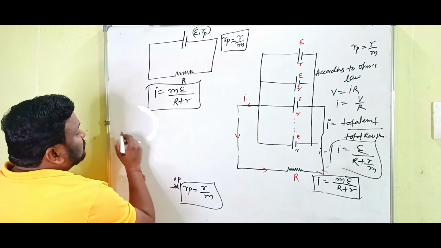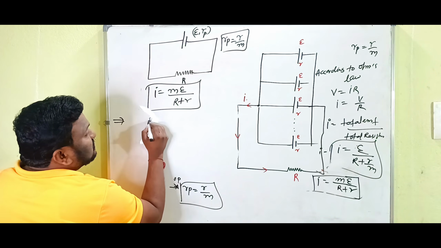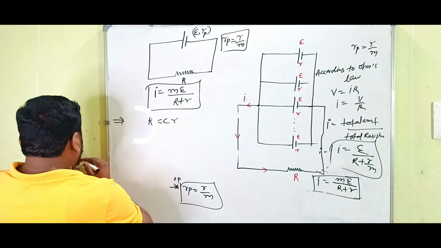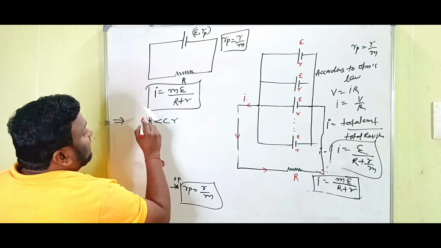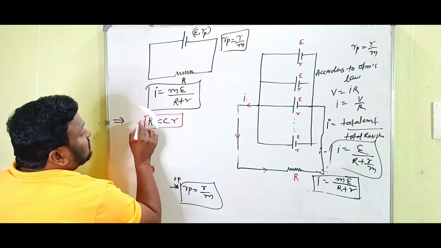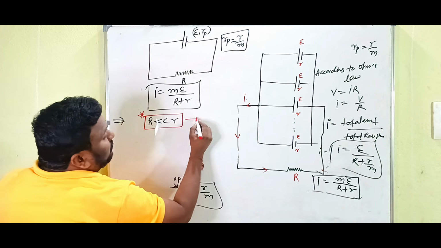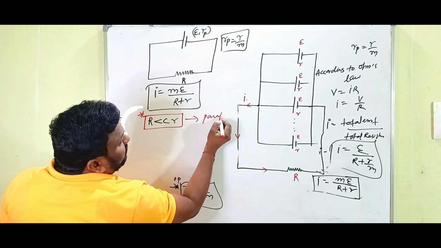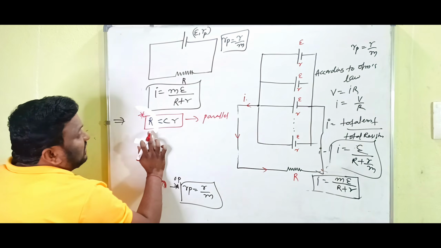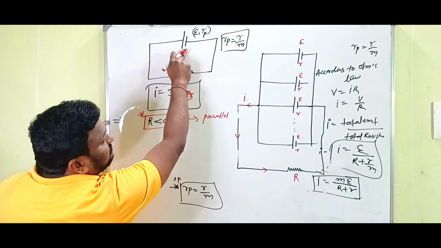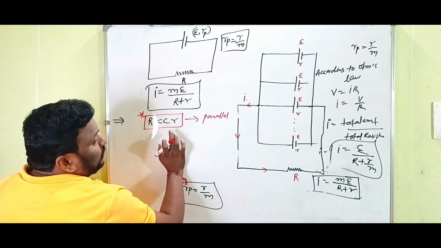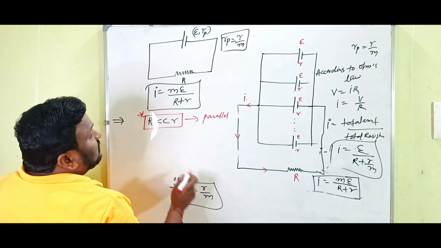So what did we take, children? R is much less than small r. When the external resistance is much less than the internal resistance of the combination, only then can we prefer the parallel combination. Why?